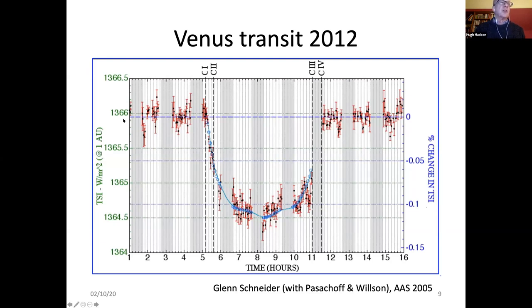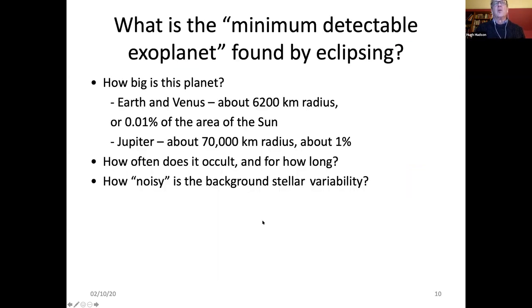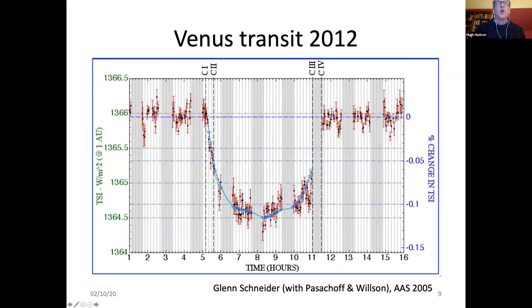Of course, on this scale, the zero of this scale is down in the basement somewhere. So this is a very, very precise measurement of the solar irradiance, with a fluctuation you can express in terms of parts per million. And then the eclipse happens. And you can see the model here, this blue line is kind of wavy. The reason for that is that over these 8 or 10 hours, there is orbital motion of the satellite that's making the measurements.